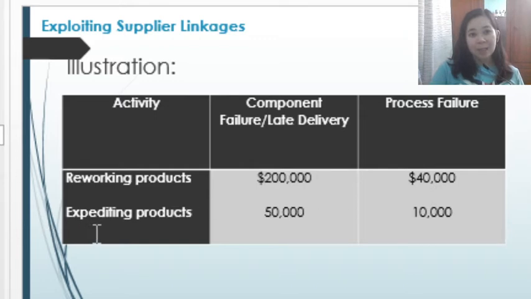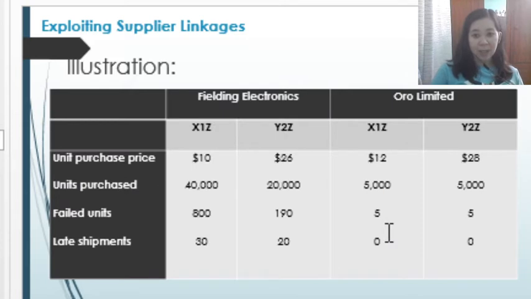For expediting the products, or to fast track the delivery so it will be on time, it will cost them an additional 50,000, and it might have a process failure of $10,000.